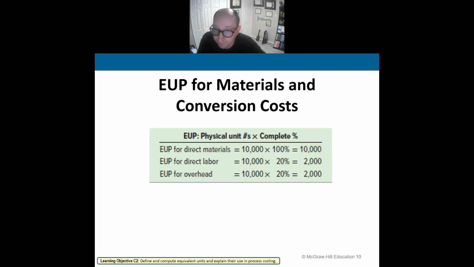And remember, for those of you who love percentages, it's 10,000 times 0.2 to get 2,000. 0.2 is 20%. So 10,000 materials, 2,000 labor, 2,000 overhead. That's 14,000 equivalent units of production total.